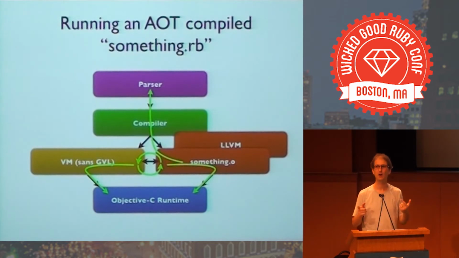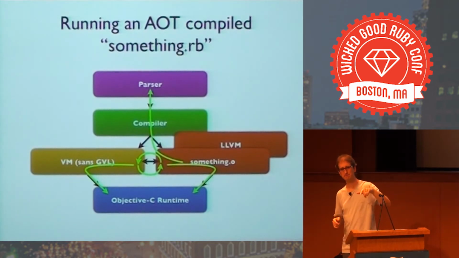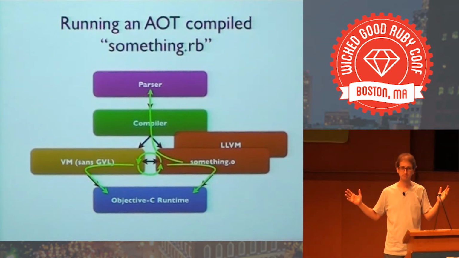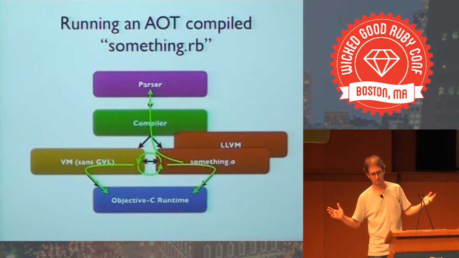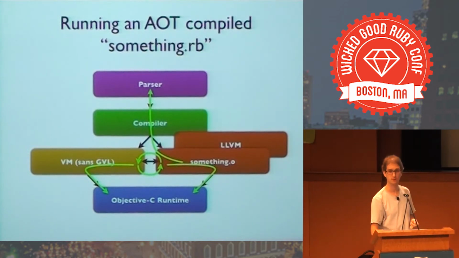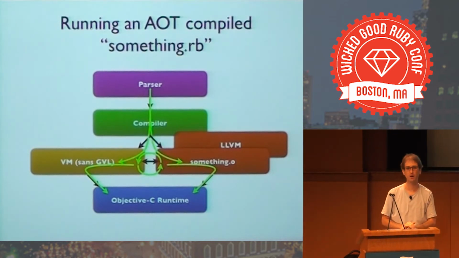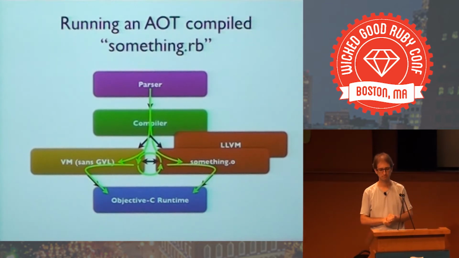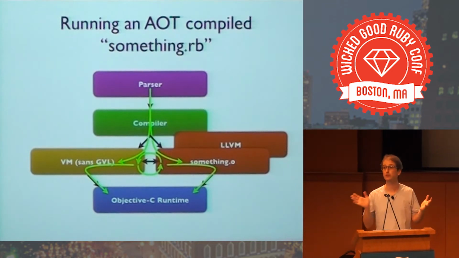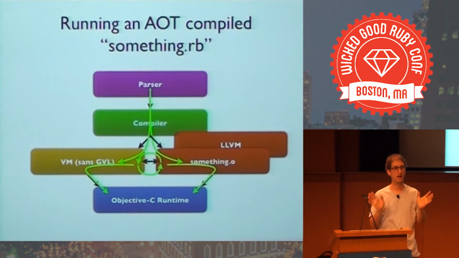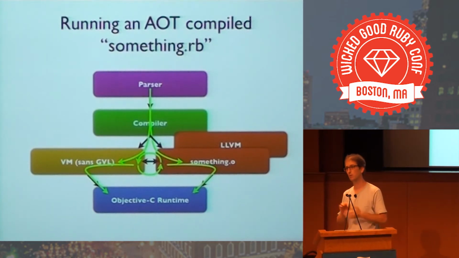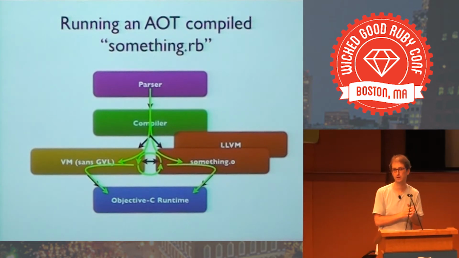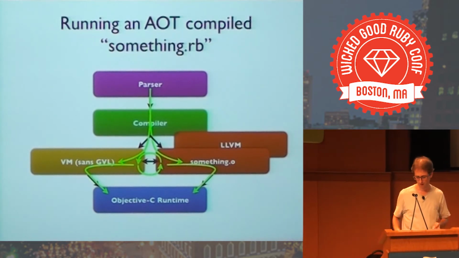We have to allow for the possibility that during execution, there will be some string that is Ruby code that we then need to go back up to the parser and ask the parser to parse, the compiler to compile, and generate new bit code. Right? So this is all possible with MacRuby. This is how MacRuby works. This is how we are able to compile code, but at the same time maintain 100% compatibility with Ruby.